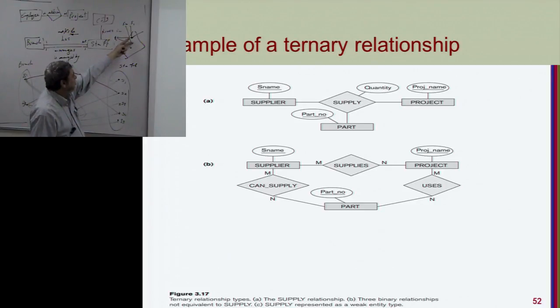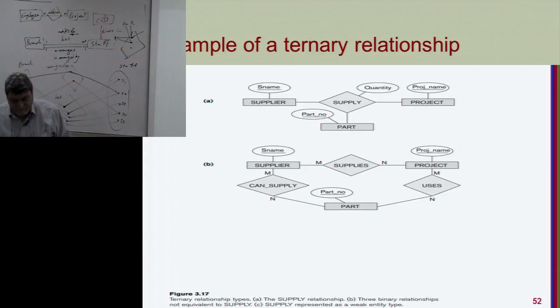Now from these relationship occurrences you go and find who supplies, right? That's why I'm asking you, in order to understand how this works, please draw the occurrence diagram and then try to find questions that are not answerable by both diagrams.